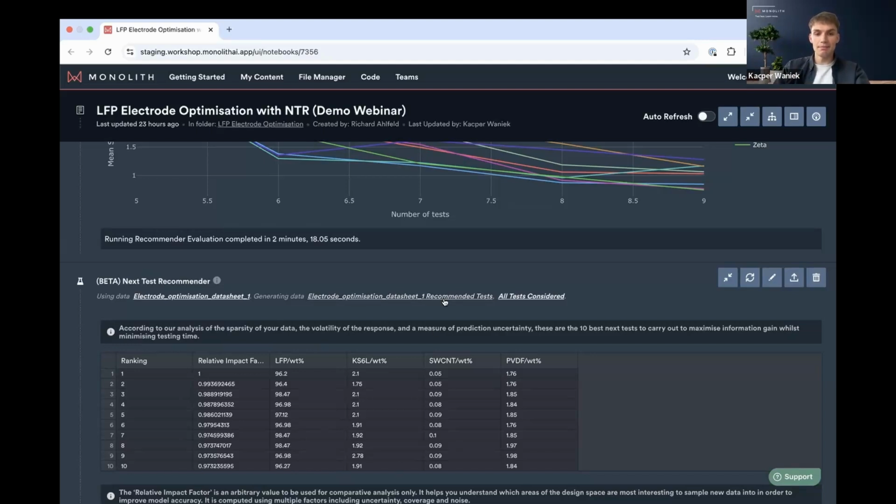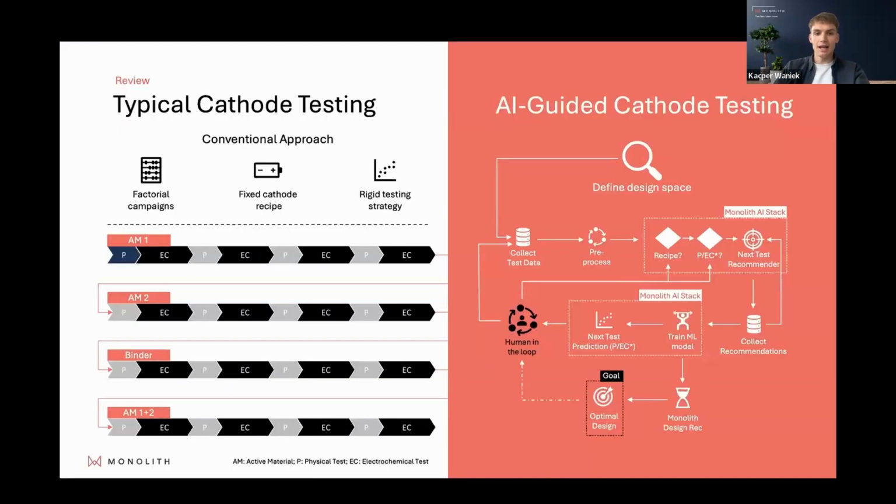And I think that brings me nicely back to the slides I've got here. I would like to touch upon that iterative process a little bit more. So taking a second to compare the two different methods, we've got a more traditional approach to cathode testing and an AI guided approach using Monolith on the right. On the left-hand side, we see that conventional approach, and this typically involves those factorial campaigns that I touched upon earlier, where only one parameter is varied at a time while keeping the rest fixed.